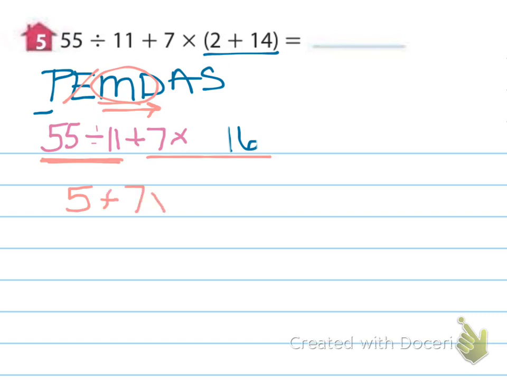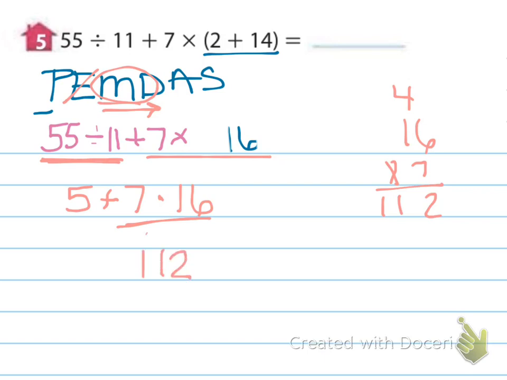Okay, now I know that this is my next thing, so I'm going to do 16 times 7, which of course I don't know my multiples of 16, so I'm going to do them off to the side here. That's 42, carry my 4, that's 11. So this here will be 112, and I'm going to need to bring down my 5 plus.